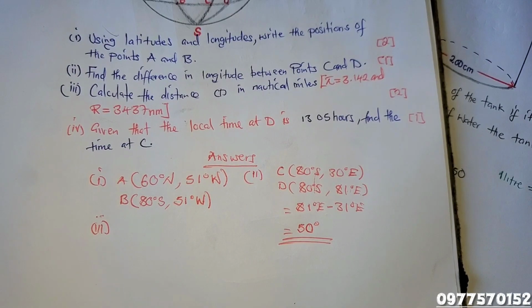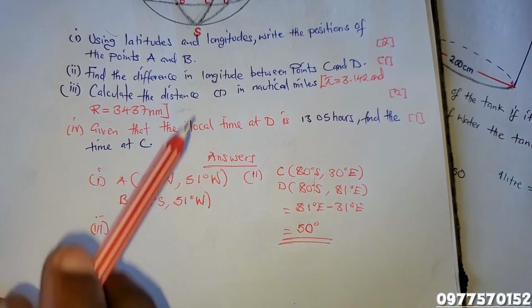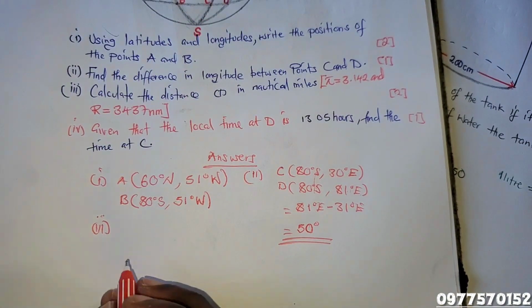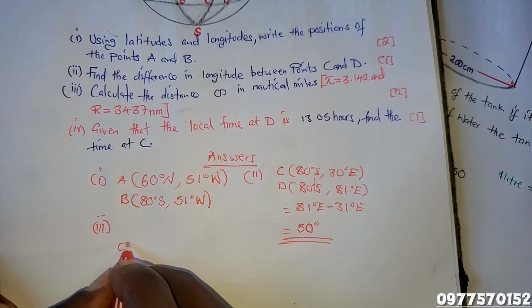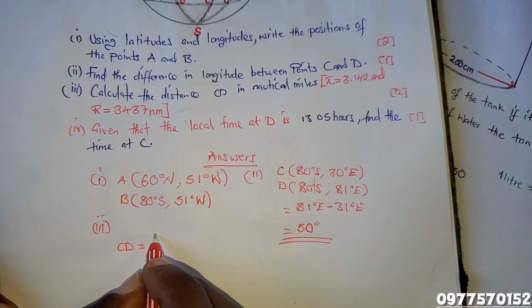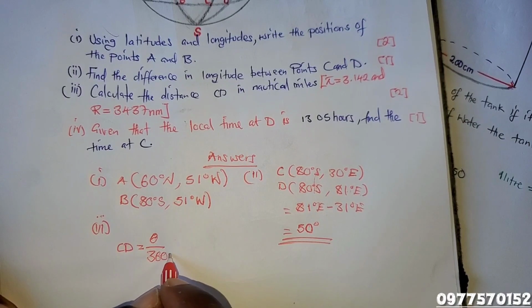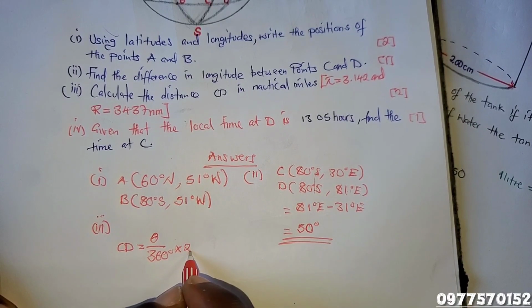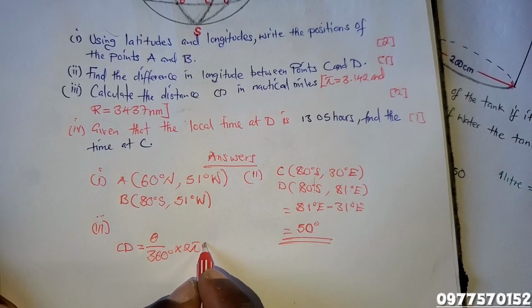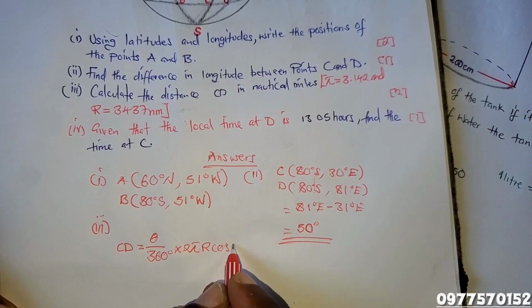Since this is the distance along the line of latitude, the formula is like this. CD is equal to theta over 360 degrees times 2 pi r cos x.